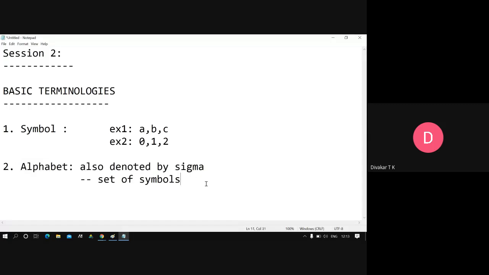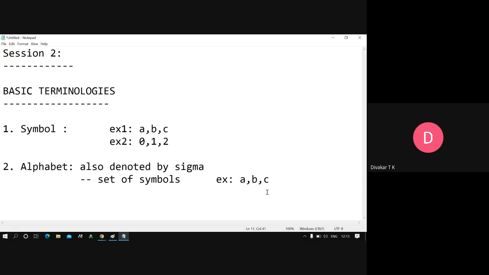Carefully observe. I'll give an example also. A is a symbol, B is a symbol, C is a symbol. These A, B, C are symbols only, but we want a set of symbols.